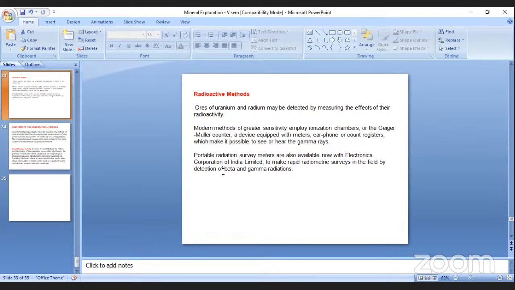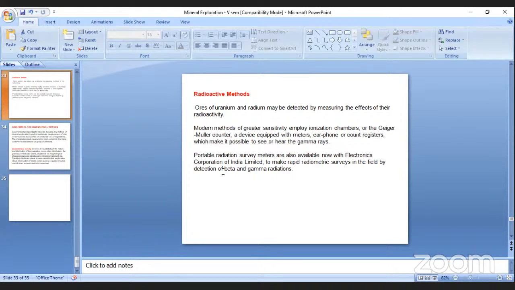It has self-counting registers. When we bring it into the field and walk in the fields holding it, it will automatically report the radioactivity intensity, and it will be recorded.